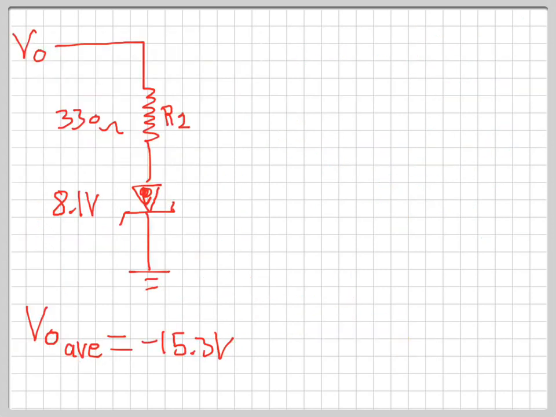Okay, so therefore voltage V2 must equal VO minus VZ. We know this is all going to be negative, so we're just going to drop it and add it in later.